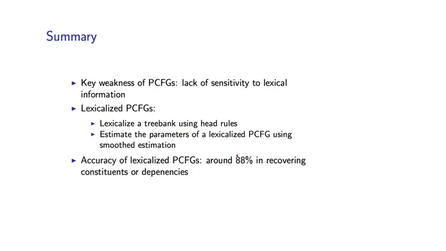So to summarize, we saw that a key weakness of PCFGs was the lack of sensitivity to lexical information. And in this lecture, I've described lexicalized PCFGs as one way of getting around this problem. Some key steps were, firstly, to lexicalize a tree bank using head rules.